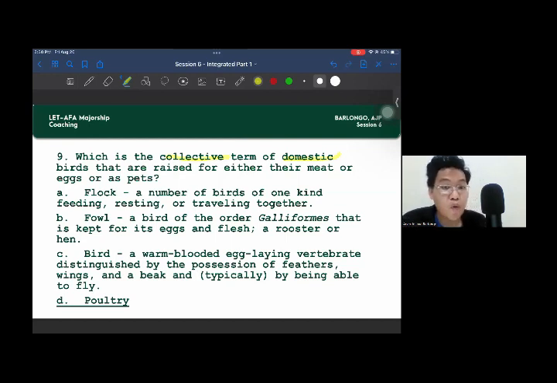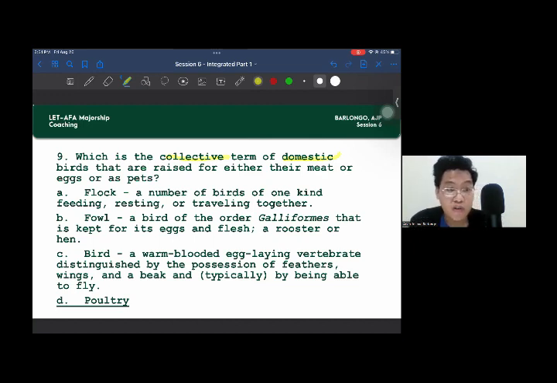So if you're familiar with the birds na naka-V shape kapag they're traveling, so that is an example of a flock. Next is fowl, a bird of the order Galliformes that is kept for its eggs and flesh, a rooster or hen. So if you will look at it the term fowl is qualified dun sa second part ng question, which is raised for either their meat or their eggs.